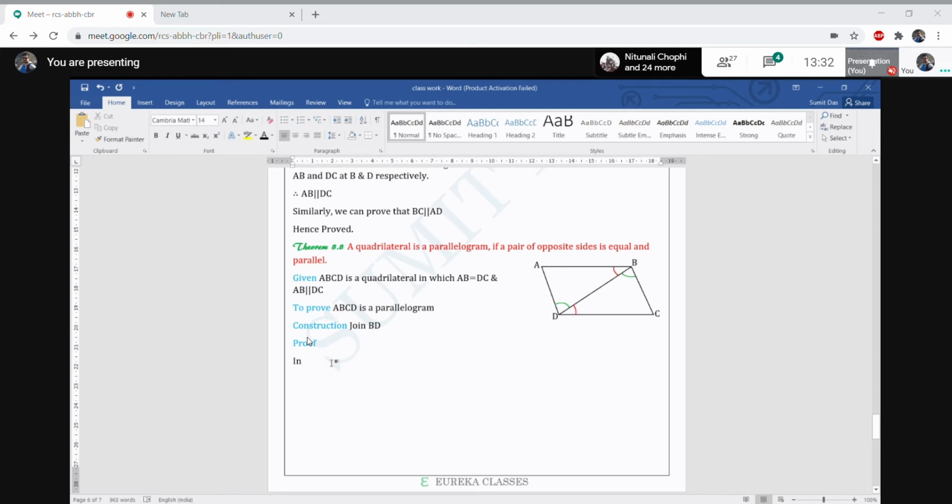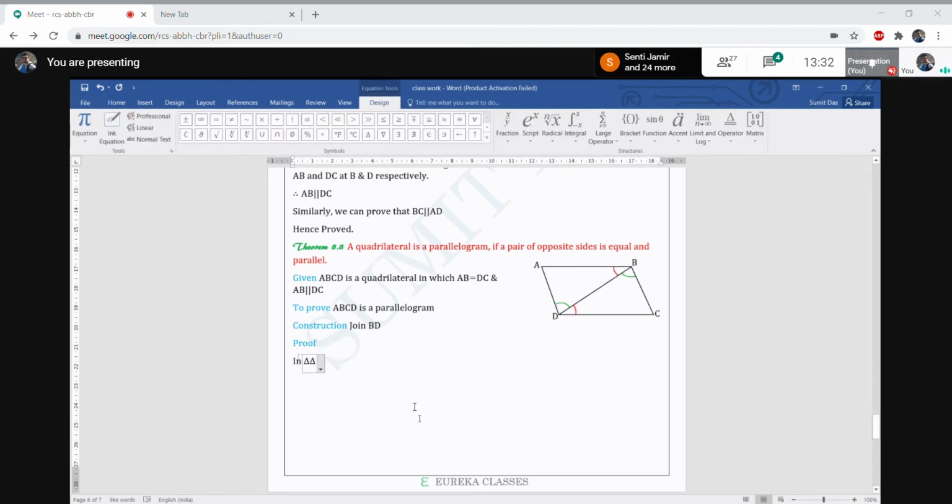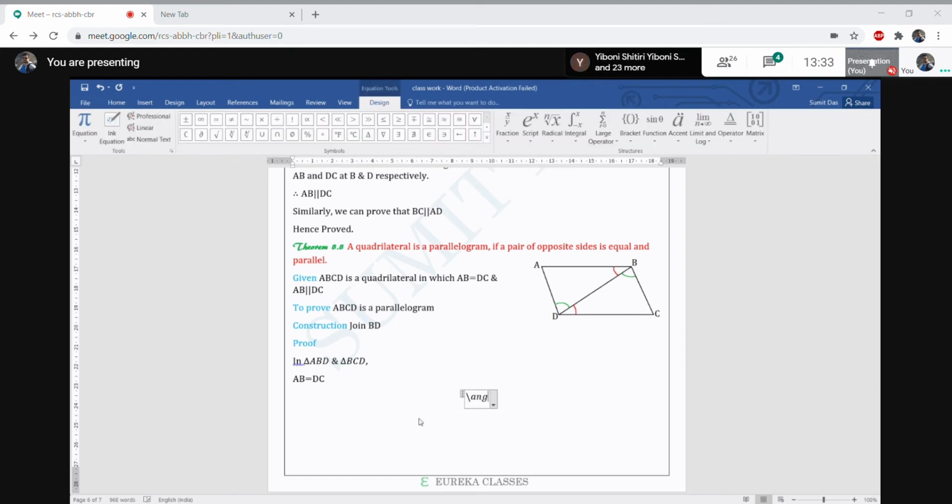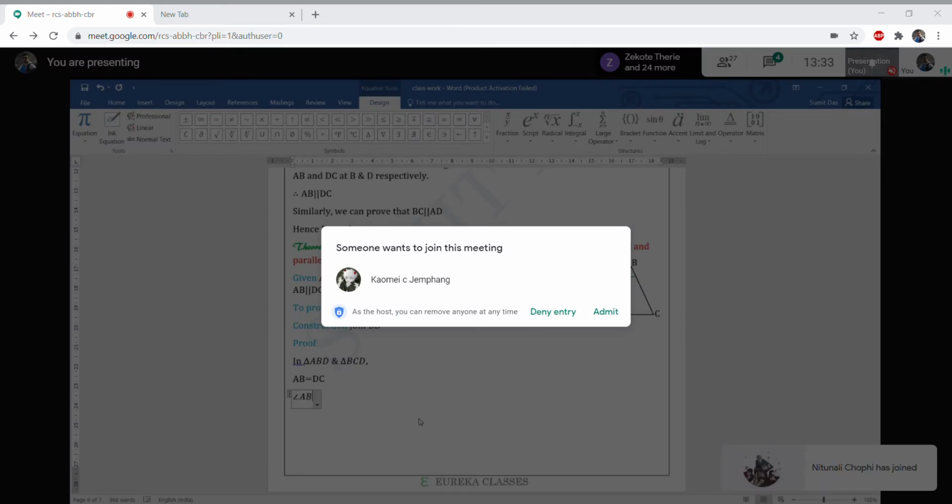In triangle ABD and triangle BCD, AB equal to DC. Then angle ABD, angle ABD.